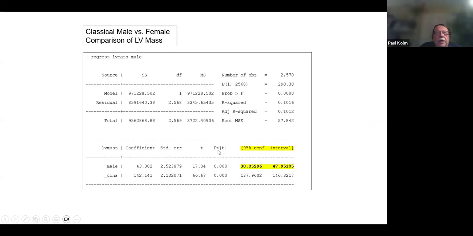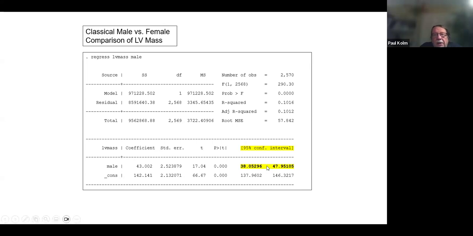Okay, then from the classical standpoint, again, we have our p-values. Notice the numbers that we get in this case. The regression coefficient for males is 43. The constant term is 143. So again, for males, the left ventricular mass would be 142 plus 43.